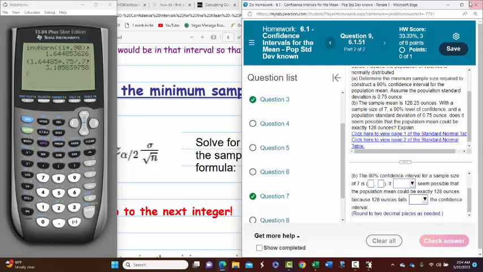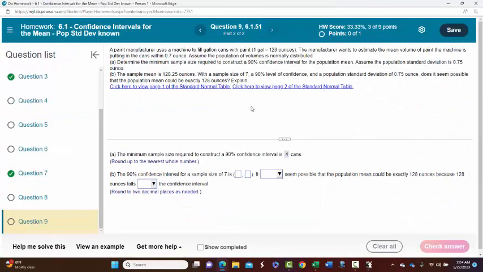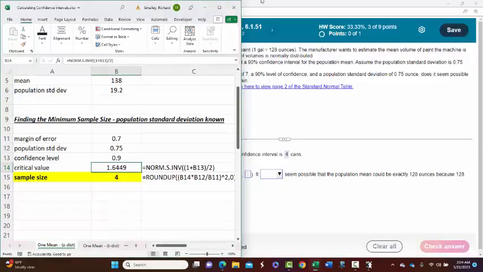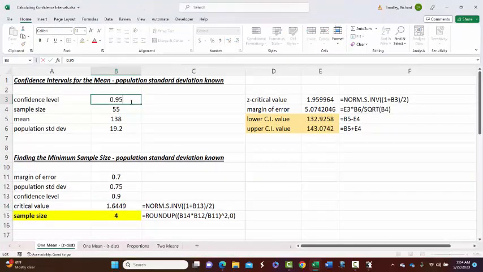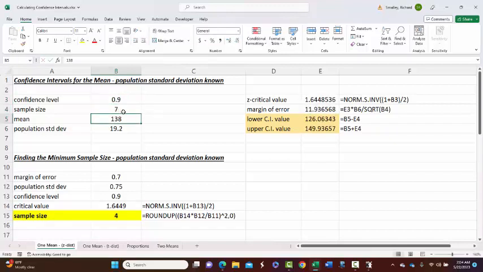So let me put this a little bit bigger so I can read this. All right, part B says sample mean of, okay. It's a little bit different kind of question here, but we'll take care of it. Once I explain it here, you'll know how to do it. We're doing a confidence level now, 90%. I'll just toggle back and forth here. So I know that's 0.90, and that was 7.